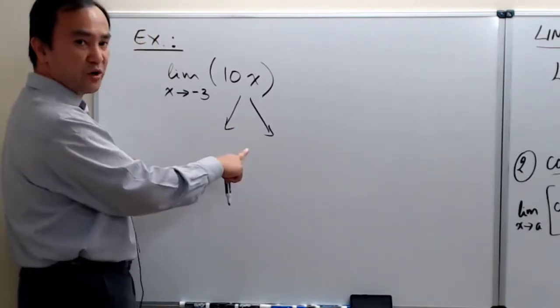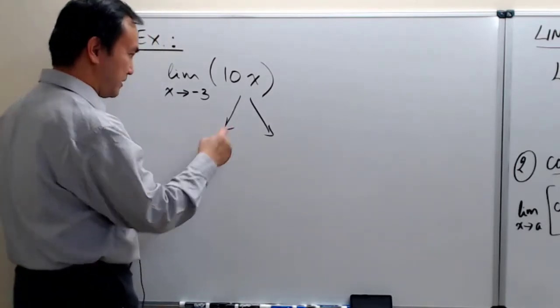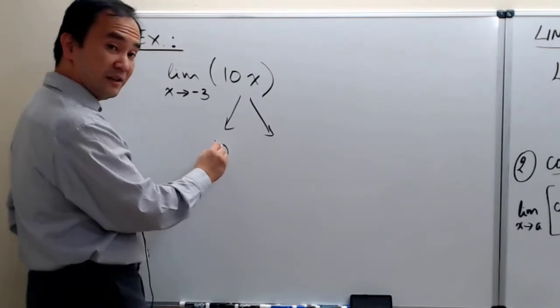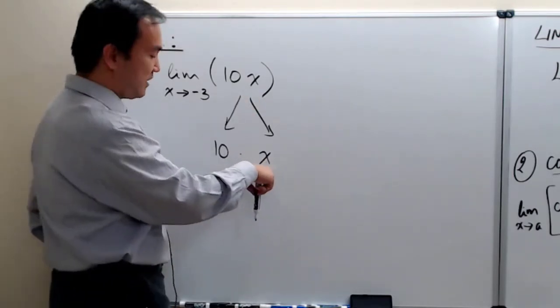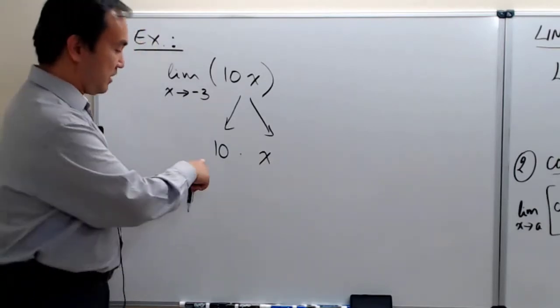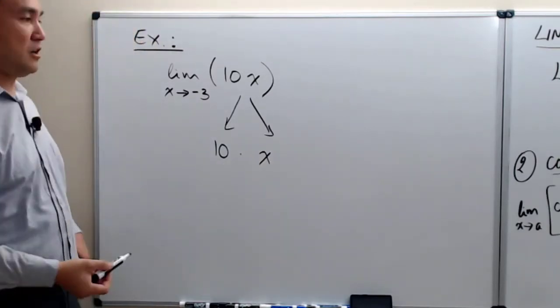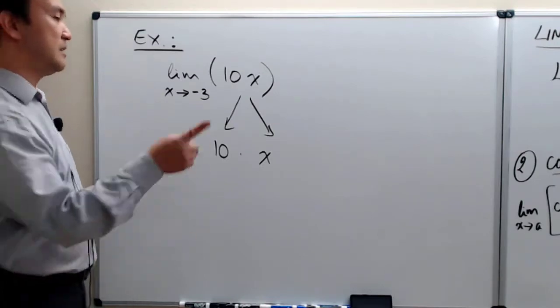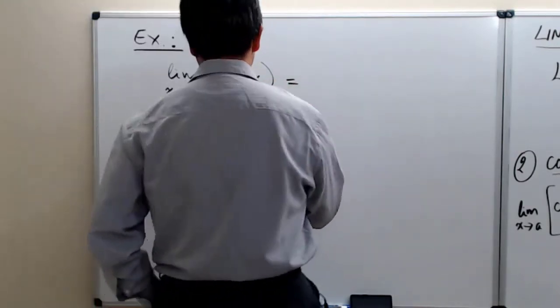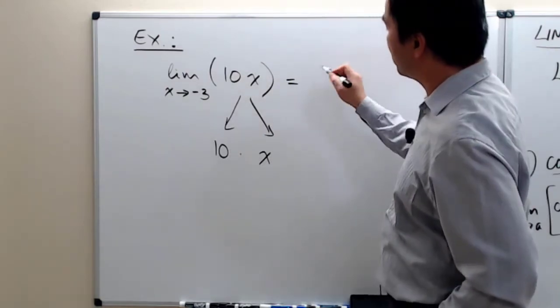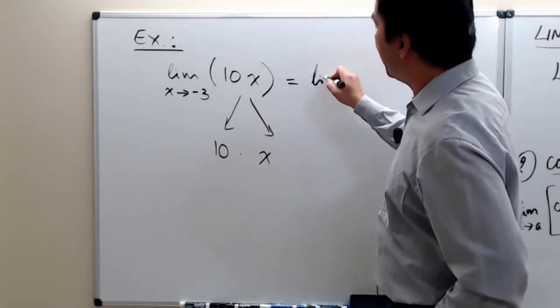This is just scratch work, but 10 is a constant multiple, and x here is some function we know how to find the limit of easily. So 10 times x. And so now the constant multiple rule we've just learned allows me to find the limit.